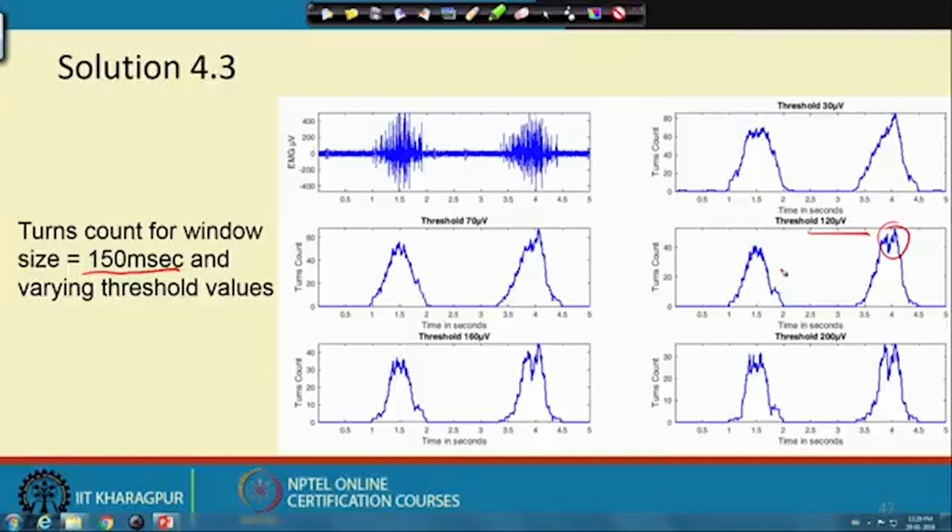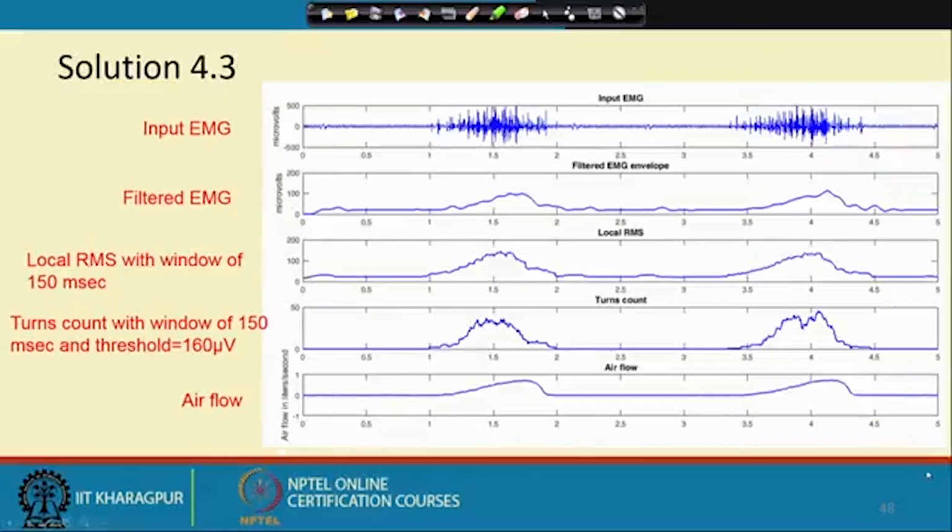And what we get out of that is that a bigger window is doing better averaging, and we need to choose the threshold carefully to get a good output. We should not unnecessarily make it big. And here we are comparing each one of them.